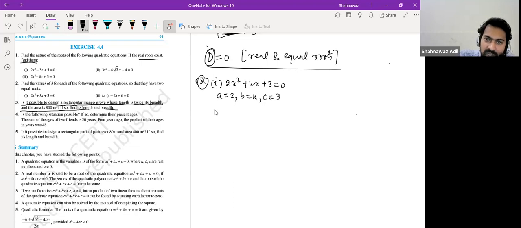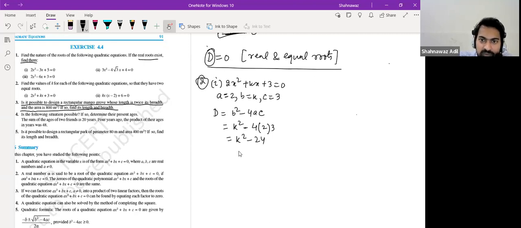So what is d? B square minus 4ac, which is k square minus 4 into 2 into 3. So this is k square minus 24.